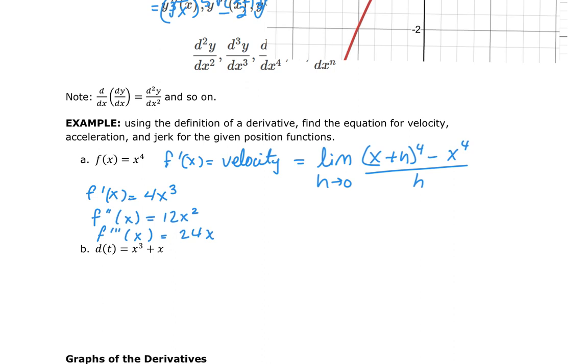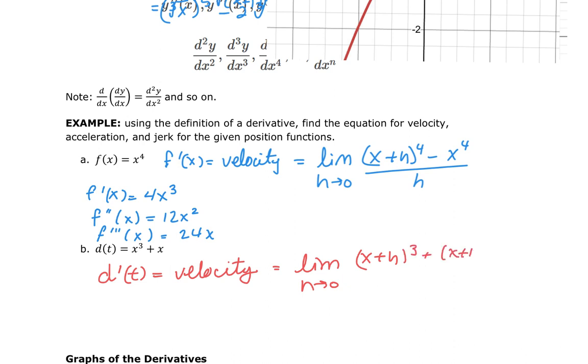The same thing here, we're going to do the velocity, which is d prime of t, which is equal to the limit as h approaches 0. In this case it will be x plus h raised to the third power plus x plus h minus my original function, which is x cubed plus x, all over h.